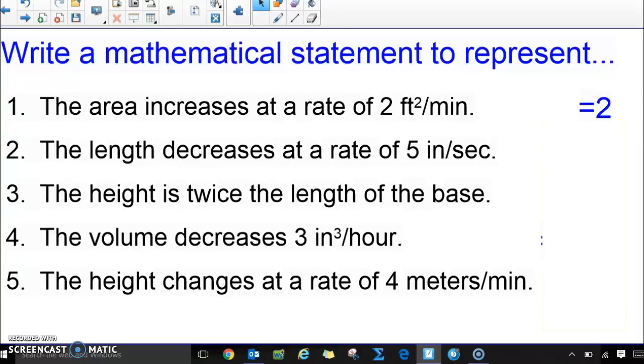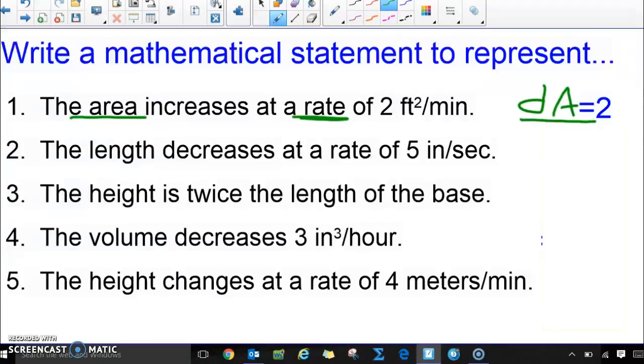So if you're stuck with this problem, we can use some of the key words. One thing is that we're talking about a rate versus an actual value. And so a rate of change, that's going to be a derivative, specifically the rate of change of the area, or the derivative of the area. So the derivative of the area is going to be dA/d something.